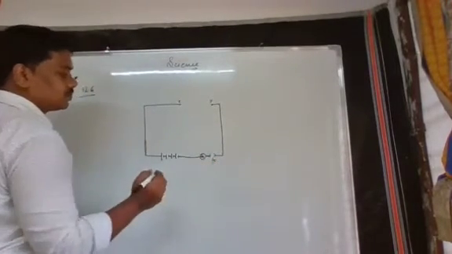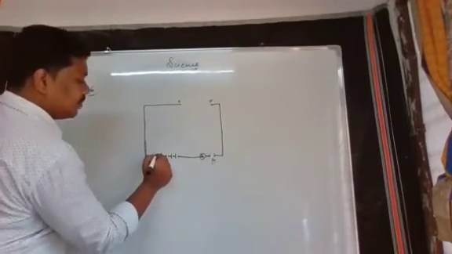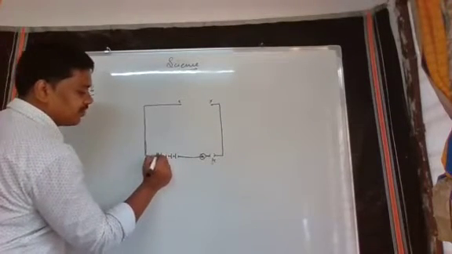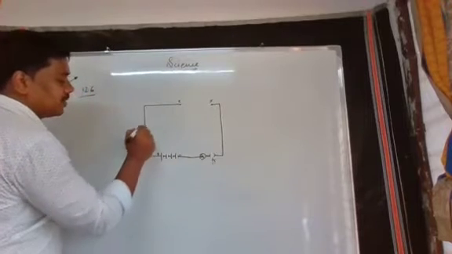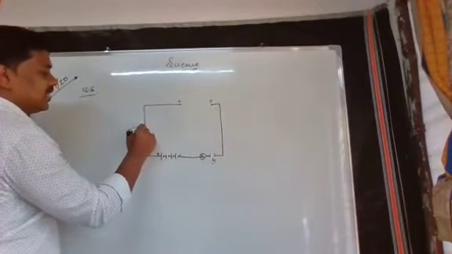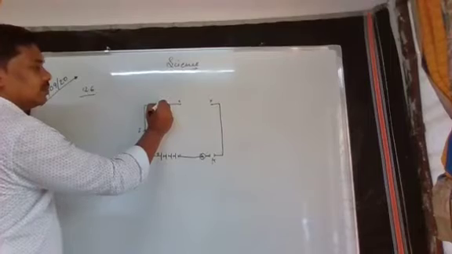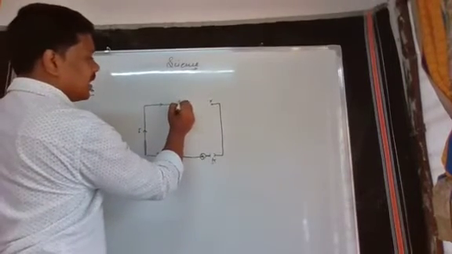So, the positive terminal of the battery, the negative terminal of the battery, and current I flows in this direction. And here X is there.